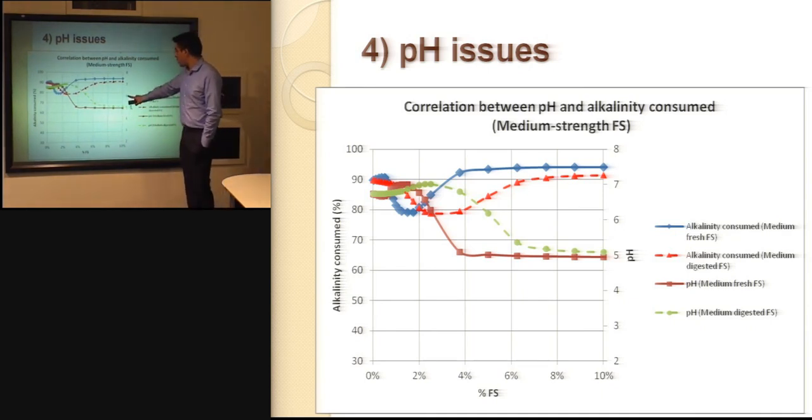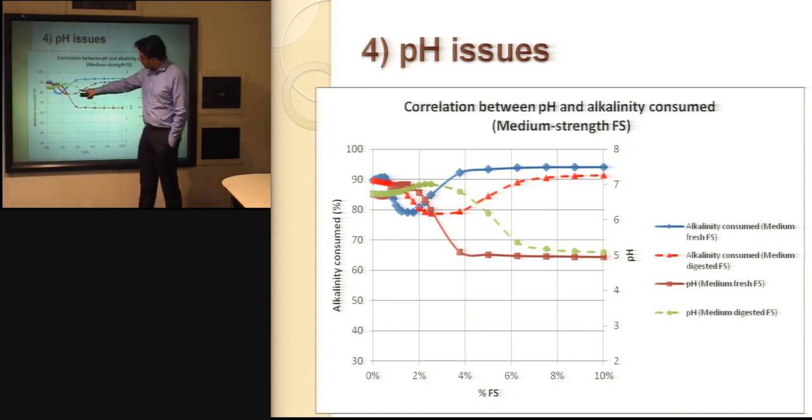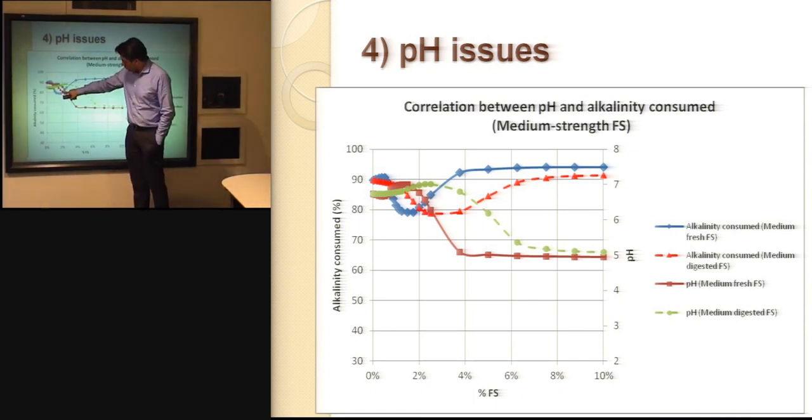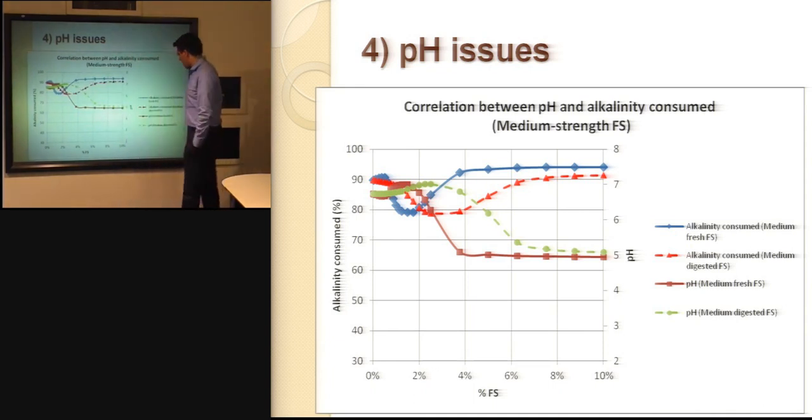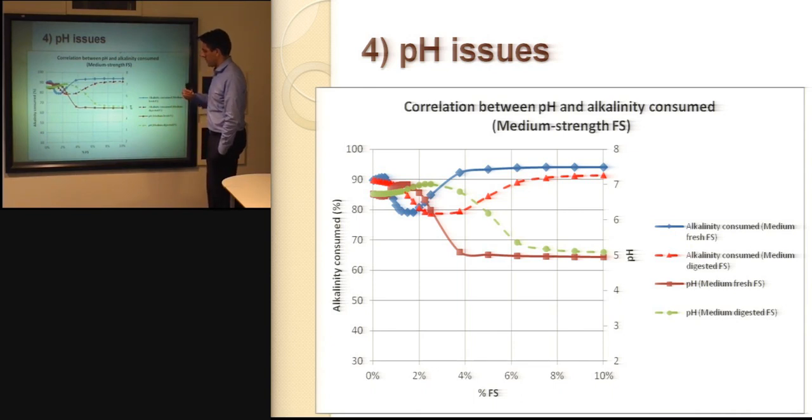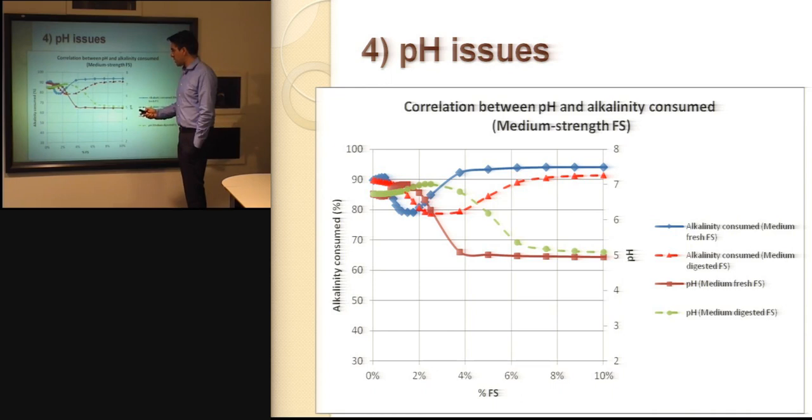And values as low as 6.2, 6.3 can be found at around 2.5% fecal sludge discharge. So values as low as 2% will already cause a drop in the alkalinity and lead to pH values lower than 7.